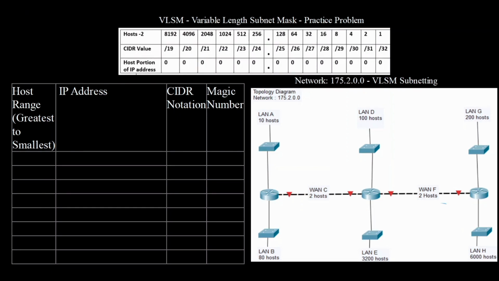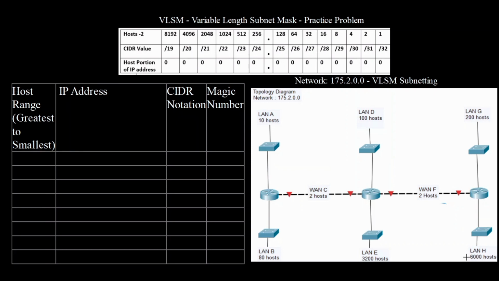So the first step in doing VLSM subnetting is to arrange the host numbers of the networks from greatest to smallest. What is that supposed to mean? On each network, we are looking for the required number of hosts.